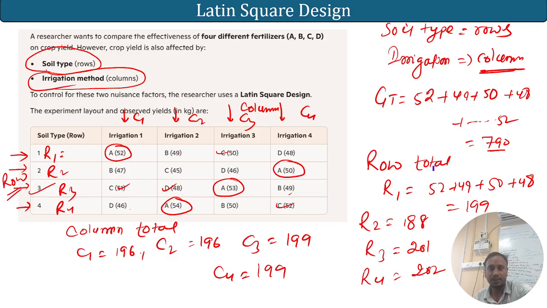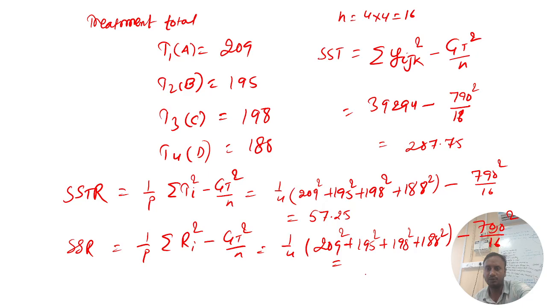I think we have kept it wrong. This is actually TR. Sorry, we kept it wrong. We can see 209, 195, 198, 188. Both are the same.